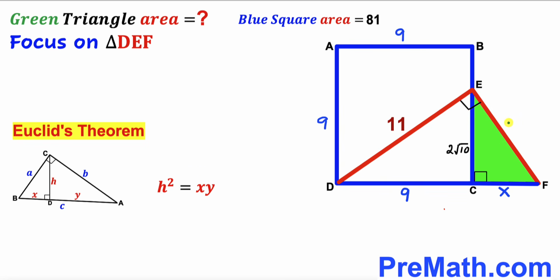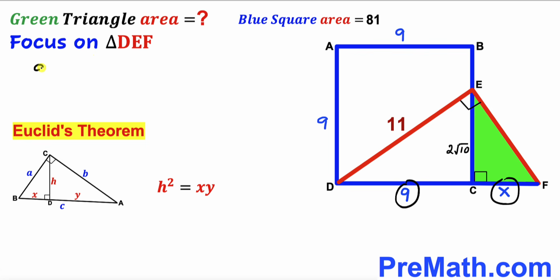Here in this given problem, we are going to apply this theorem. Our height h is 2 times the square root of 10, whereas our two horizontal segment lengths are 9 and x.